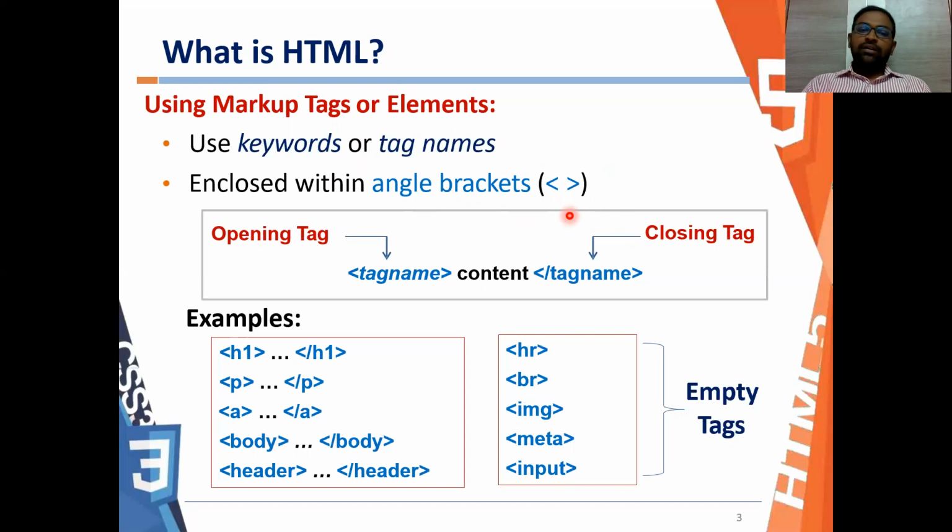The open tag has the angular bracket and the keyword, and the closing tag has a forward slash and then the same keyword. For example, for the heading tag, it is h1. Here you can give your desired content, and then the forward slash closes the heading tag. It means that particular format will be applied only to this content.